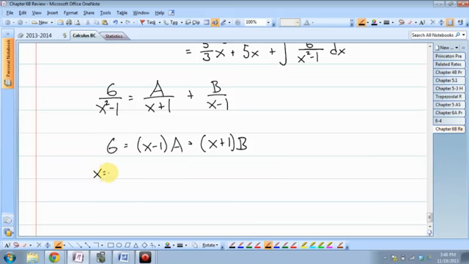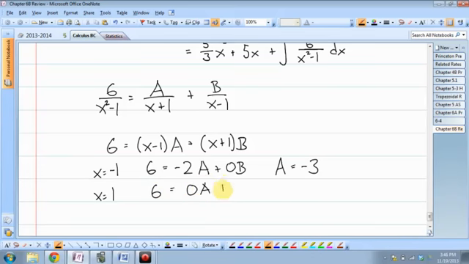I'll say x equals negative 1. That gives me 6 equals negative 2a plus 0b. So a equals negative 3. If x equals 1, then 6 equals 0a plus 2b, so b equals 3.